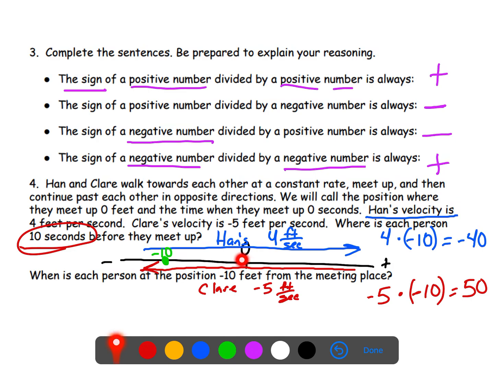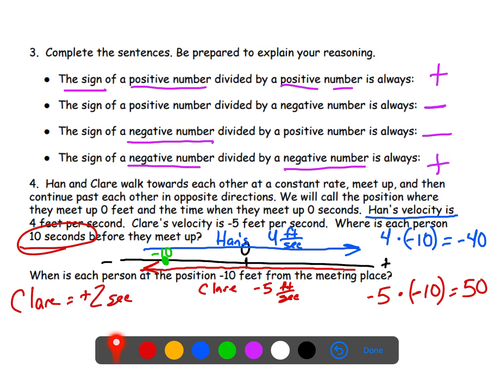She's going to go one more second, which would be negative 5 feet. And in another second, she'll go another negative 5 feet to negative 10. So it will take Claire 2 seconds after meeting Han. That's going to be positive 2 seconds. So Claire is positive 2 seconds.